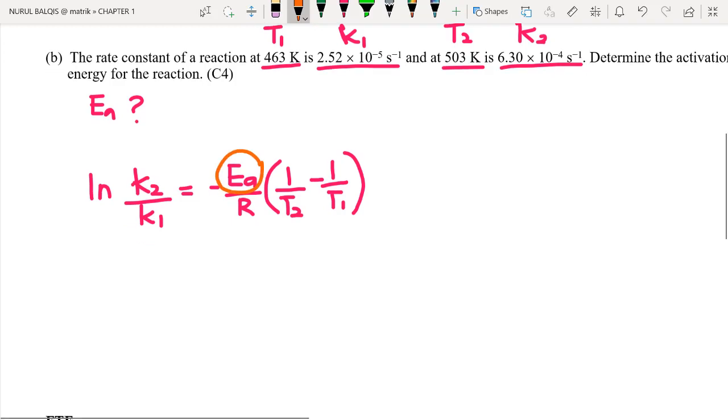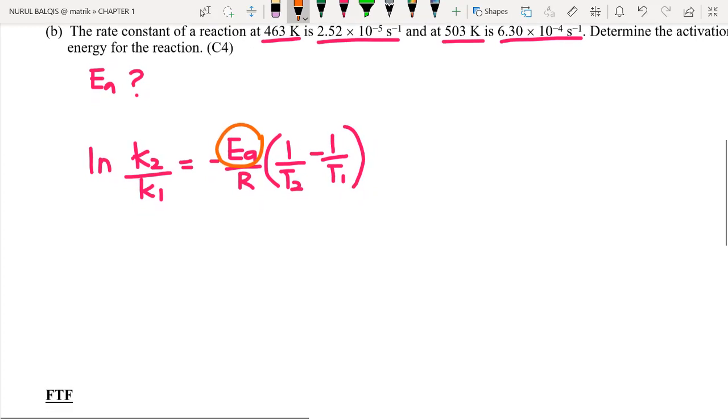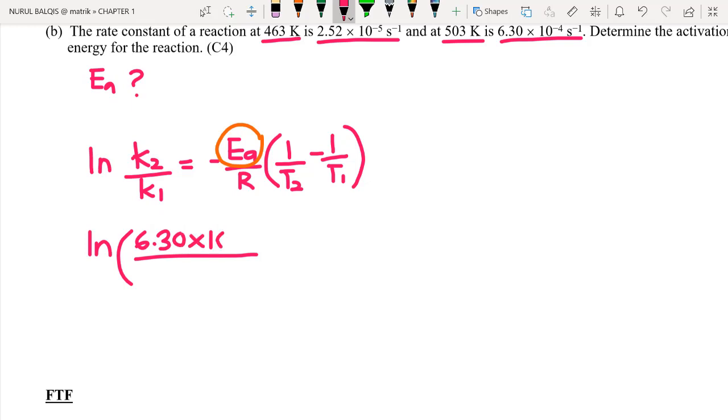First we need to substitute the values. ln is equal to the value of K2, 6.30 × 10^-4, divided by 2.52 × 10^-5, and then we're going to have negative EA, the unknown that we want to find.